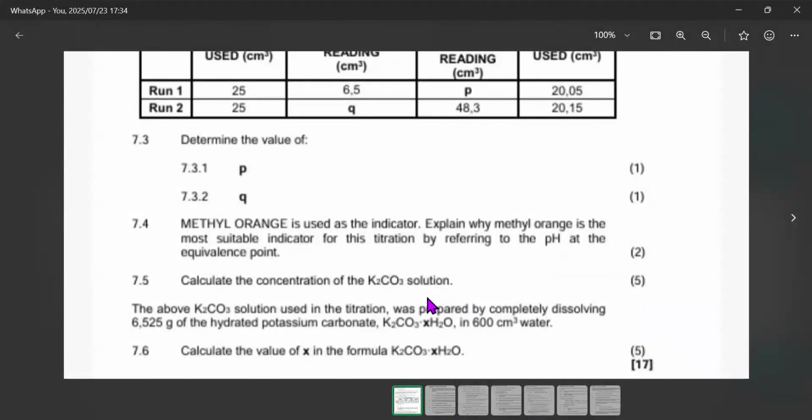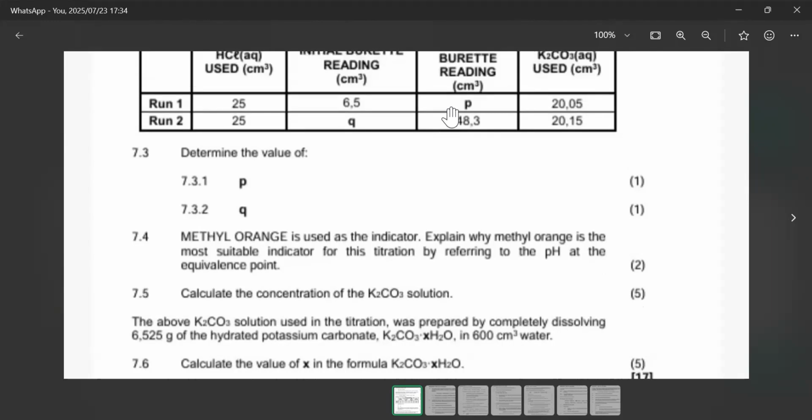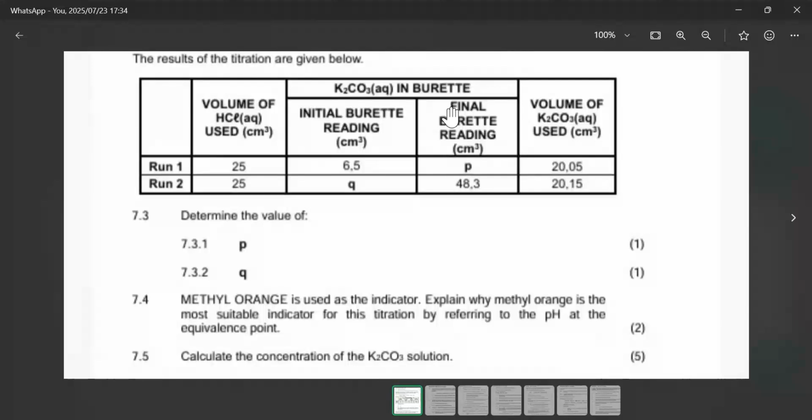Can you see that they didn't specify which reaction? No, they didn't say calculate the concentration of the potassium carbonate in run 1 or in run 2. They just say the concentration of this base. So what does it mean? Well, it means that you are not going to use the 20.05.